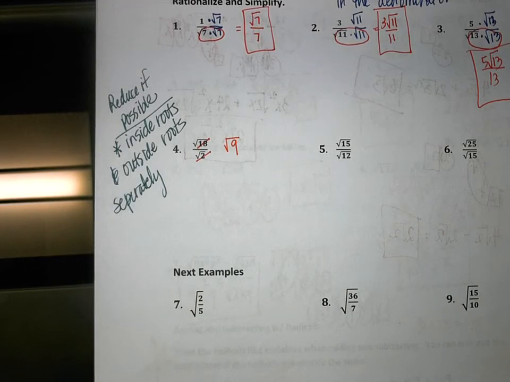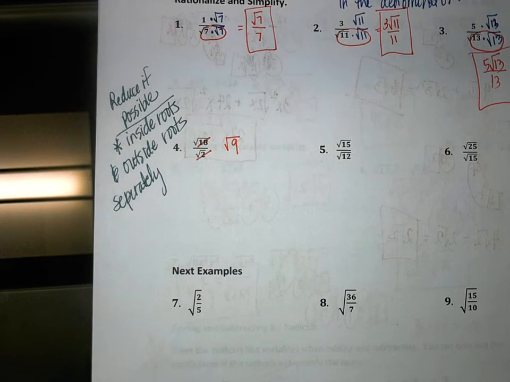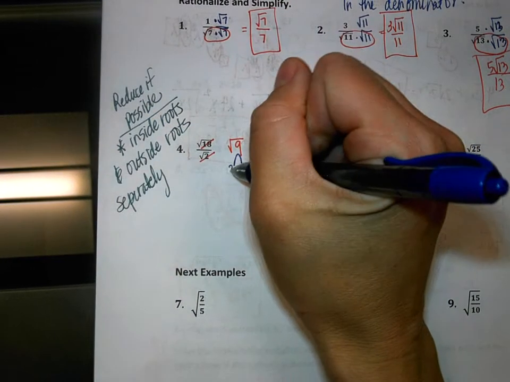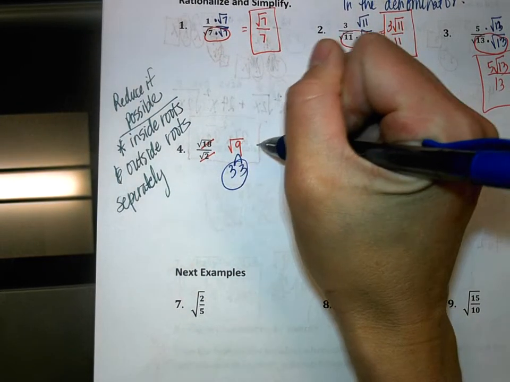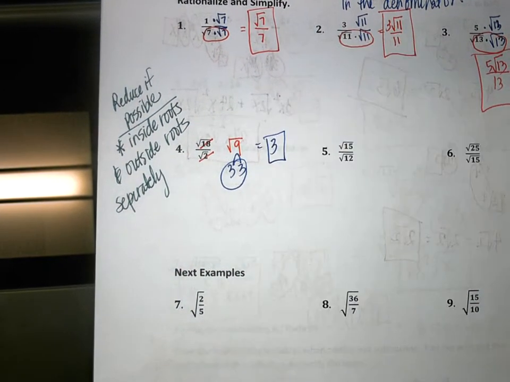But what's the square root of 1? 1. And if we have a 1 in the denominator, do we have to write it? No. And so if the bottom number eliminates, then that root's gone. You can put it over 1 if you want to, but it's not necessary. And so now how would I end up simplifying this one? 3. Very good. 9 breaks down to 3 times 3, so I have a pair of 3, so my answer is 3.